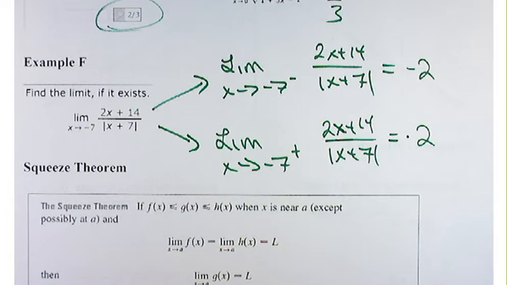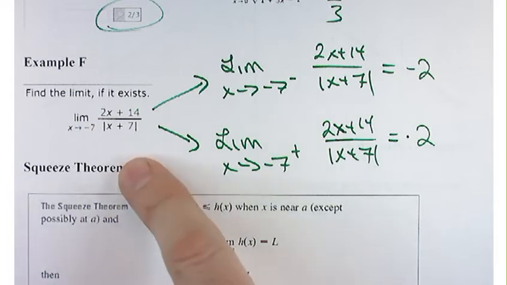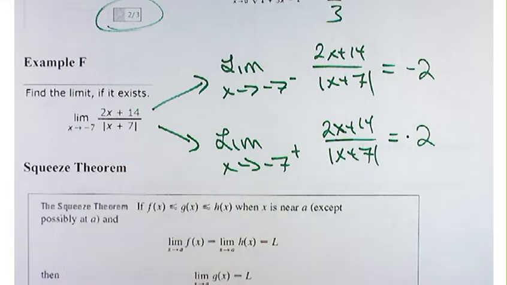Is that what we want to see when we're trying to calculate this limit? Michelle, what's that saying about our limit? Michelle, thank you. So what's that say about our limit?